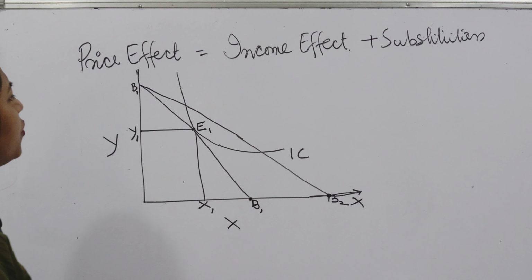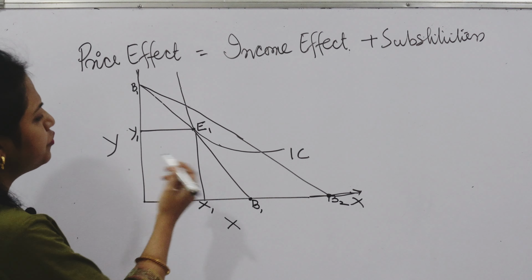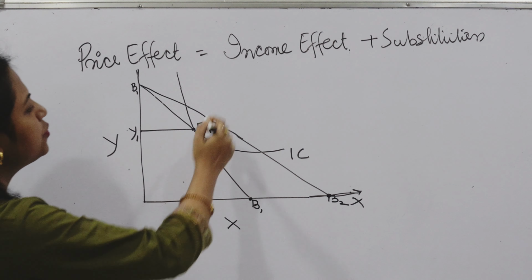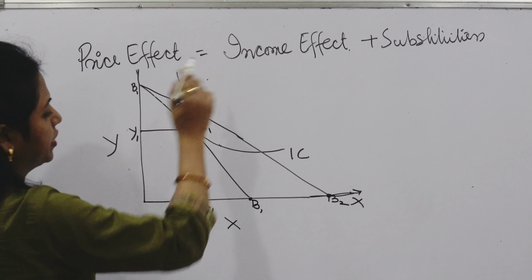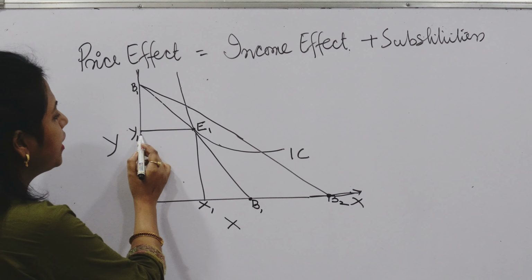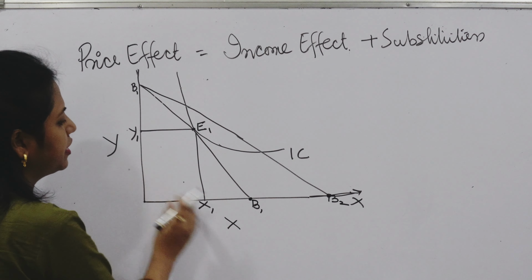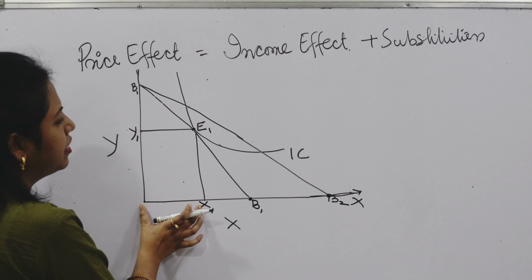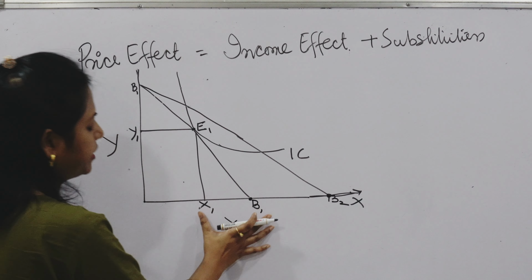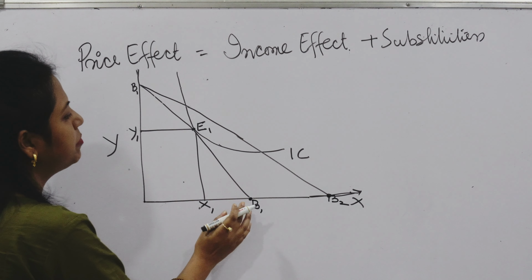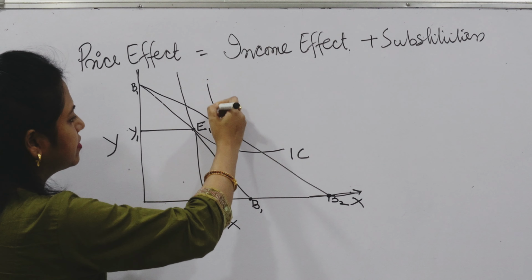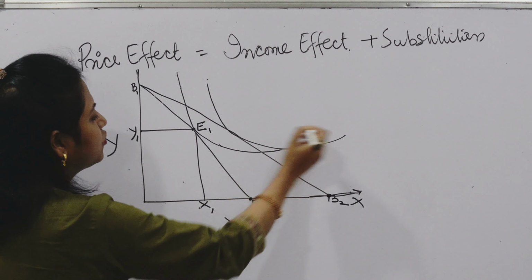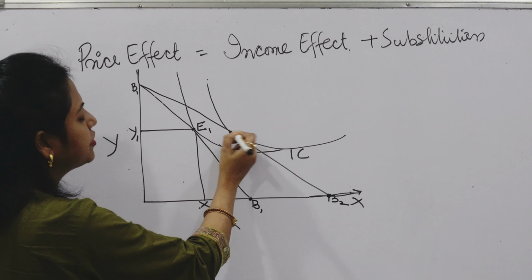Now what will happen, I will move to a new indifference curve. But before that, when I was buying X1, now I will buy more of X, and maybe I will be buying say X2 quantity of good X. So I move to a new indifference curve.